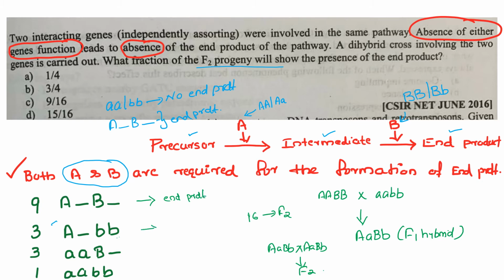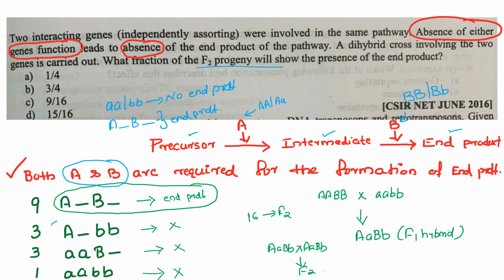Here only gene A is in dominant condition, so we will not get the end product because B is in recessive condition. Here gene B is in dominant condition but A is in recessive condition, so here also we will not get the end product. Here both the genes A and B are in recessive condition, so here also we will not get the end product. So only here we will get the end product.